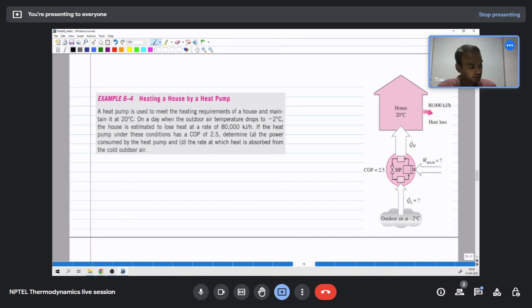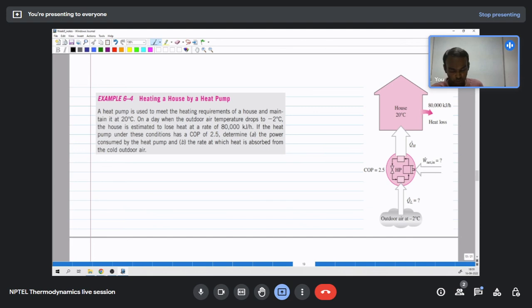So this heat pump is given and the COP is given to be 2.5. We know the temperature at the outdoor and the temperature of the house, and we want to calculate the power consumed by the heat pump and the rate at which heat is absorbed from the cold air.